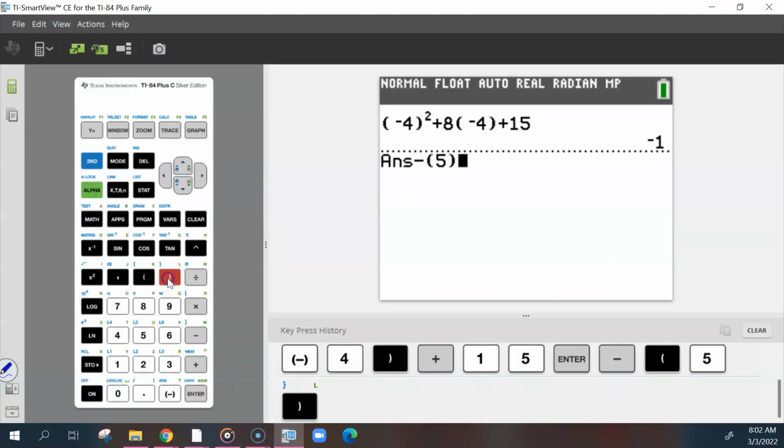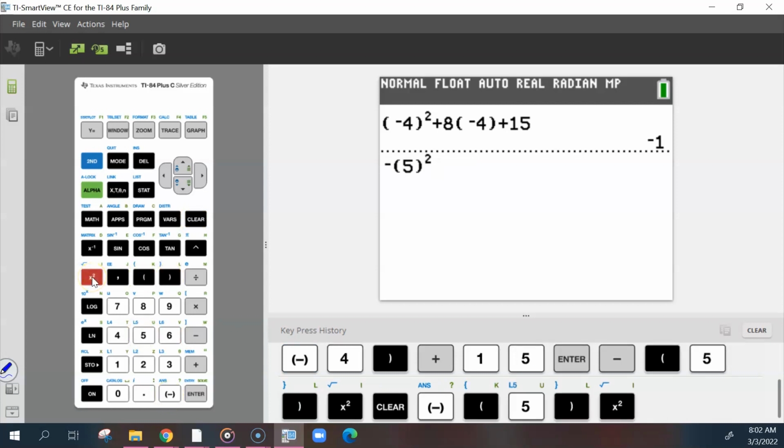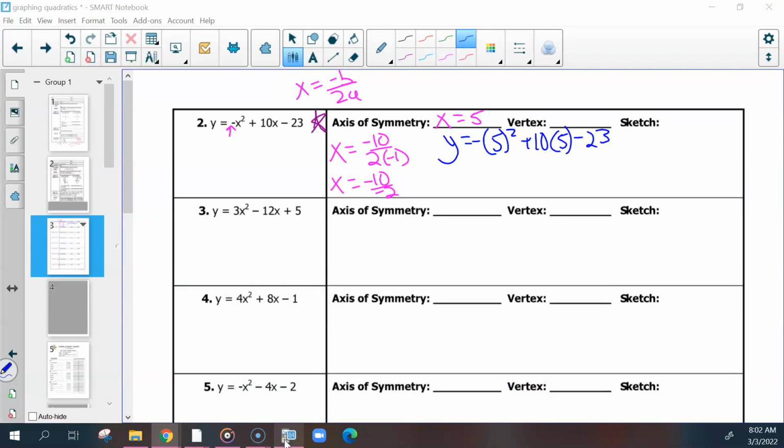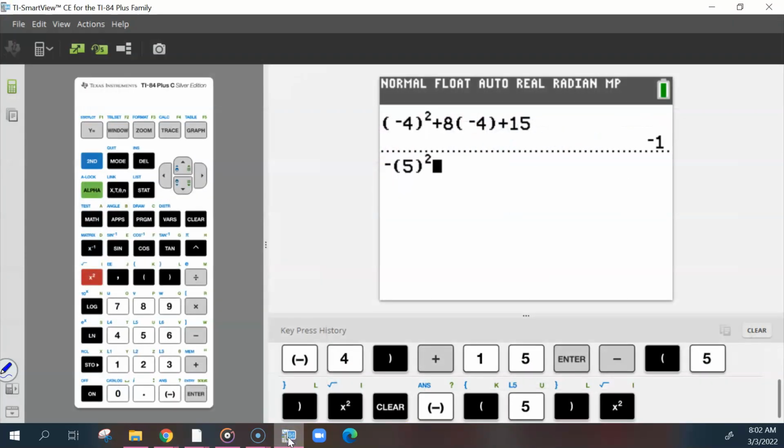Negative 5 squared. I already forgot the rest. Plus 10x minus 1.